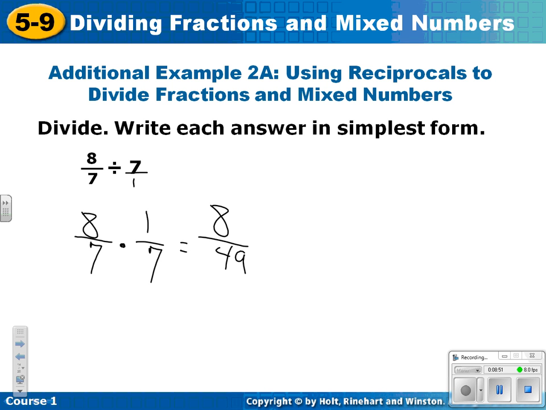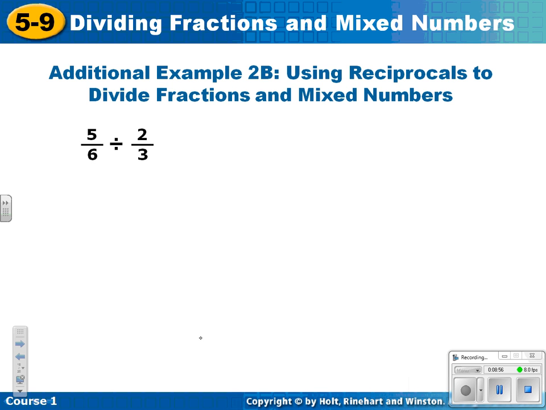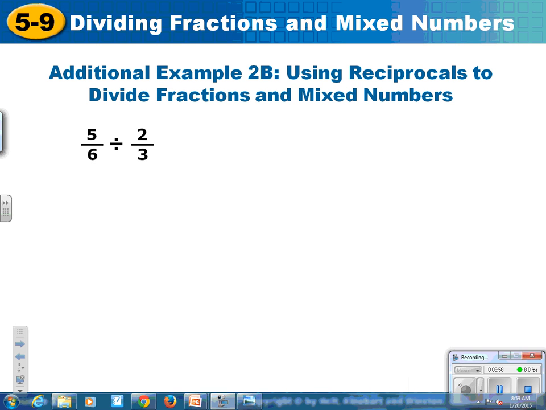Why don't you guys get a whiteboard out? We'll do it all together once, and then I'll let you do one on your own. In your homework, in your book, you're going to see a problem that looks like this. It's going to say 5/6 divided by 2/3. On the piece of paper that you're going to do for homework, you need to write this in there. 5/6 times 3/2.